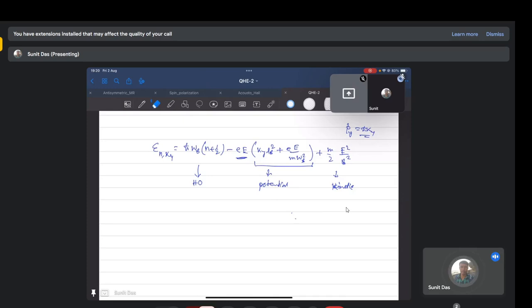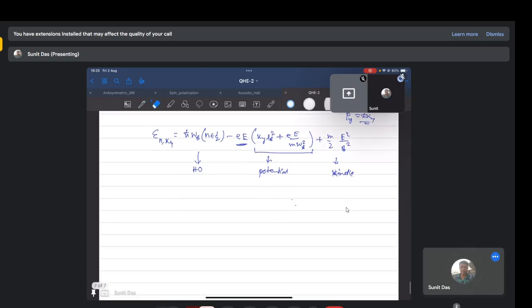So this time the energy versus momentum plot, let's say this is energy for n and ky, and this is ky. So they are simply not the flat bands.